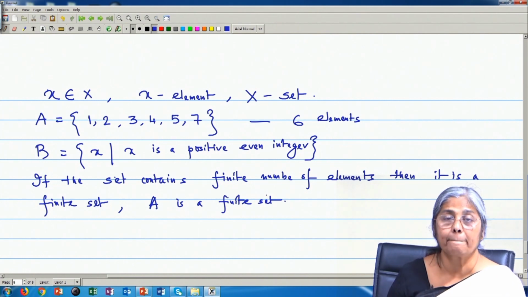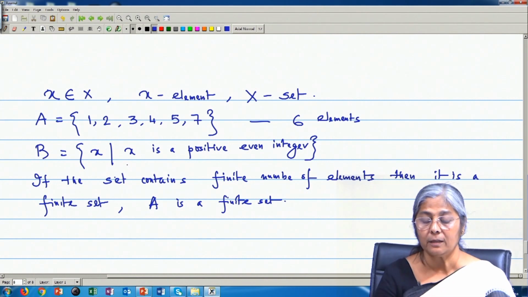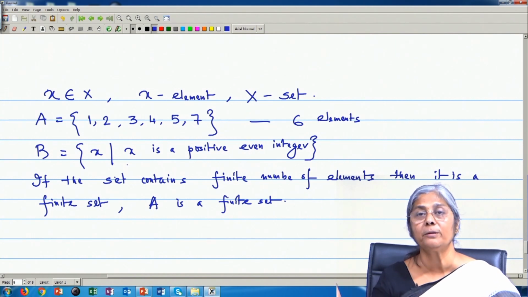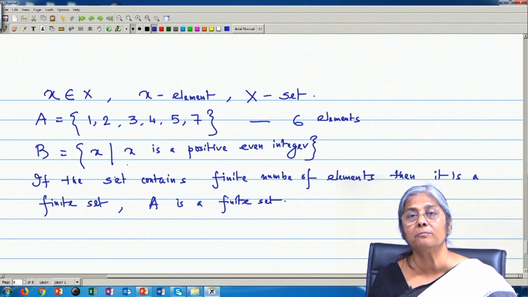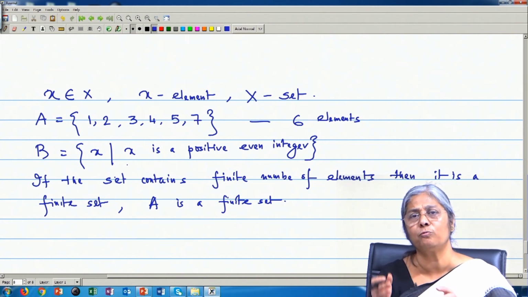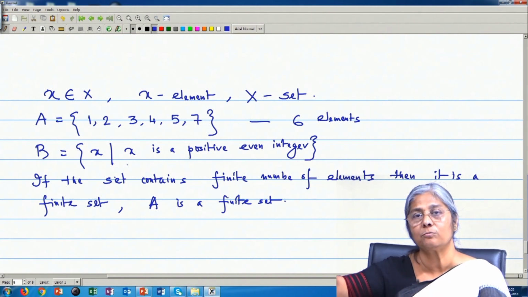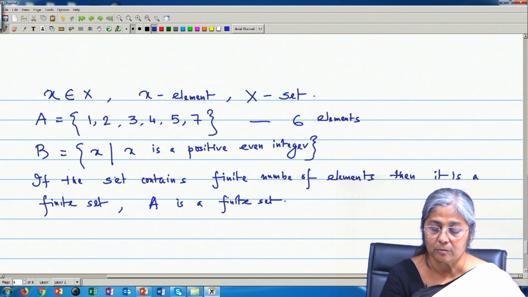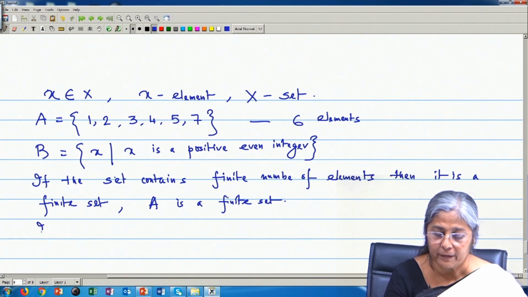But say B, we have defined B to contain all the positive even integers, and how many positive even integers do we have? There is an infinite number of positive even integers: 2, 4, 6, 8, then 100, 102, 104, there can be infinitely many. So, there is something called an infinite set.